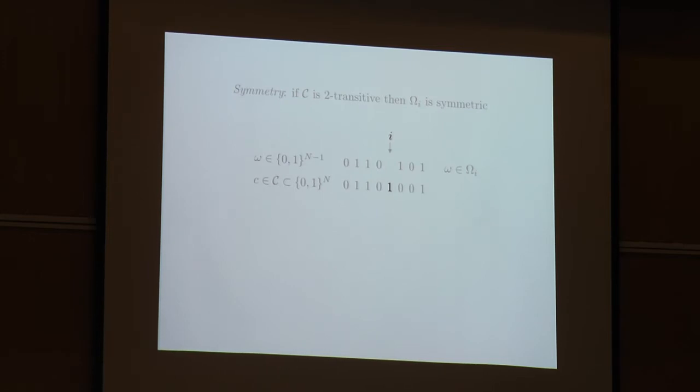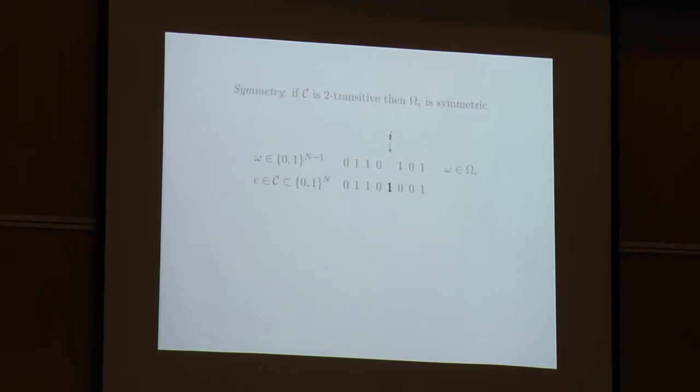But remember, we also want this set, omega i, to be symmetric. And now we'll see why we need a two-transitivity for the code, even though we only needed a one-transitivity for the set. Why? Because when I want to define this symmetry, this one special position i needs to stay fixed. So I need to define a permutation that keeps the position i fixed.